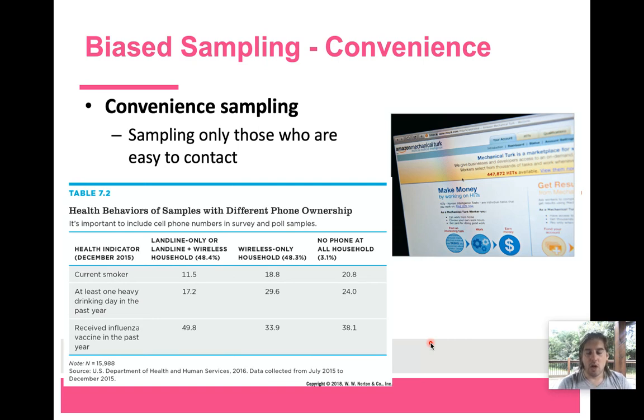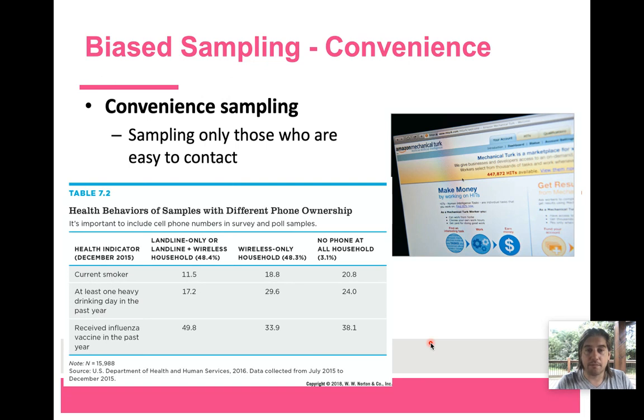And so it allows researchers to have a constant pool of participants, but in reality, that's just convenience. You're just sampling them because they're there. And that's okay. We just have to acknowledge that convenience sampling has some problems.